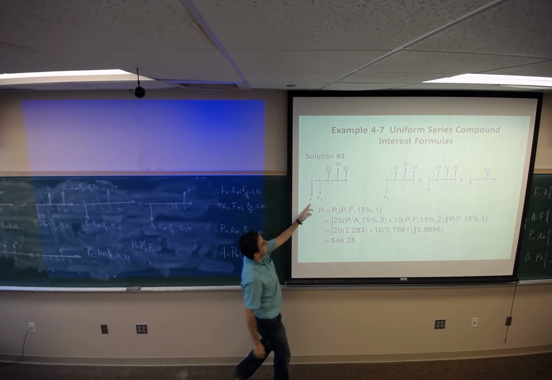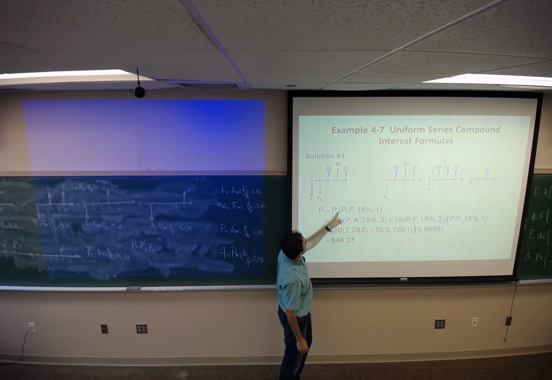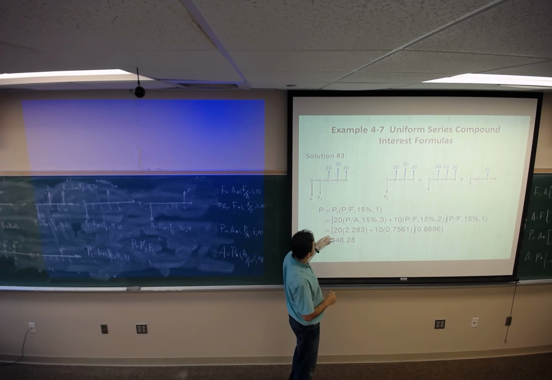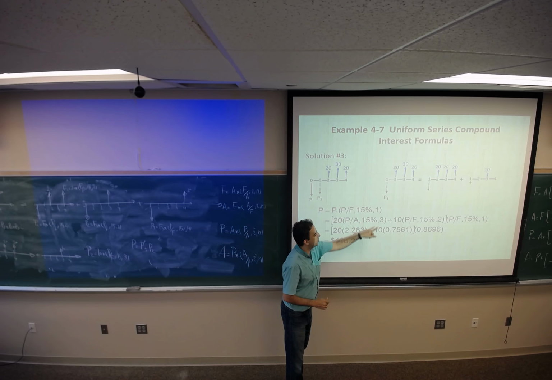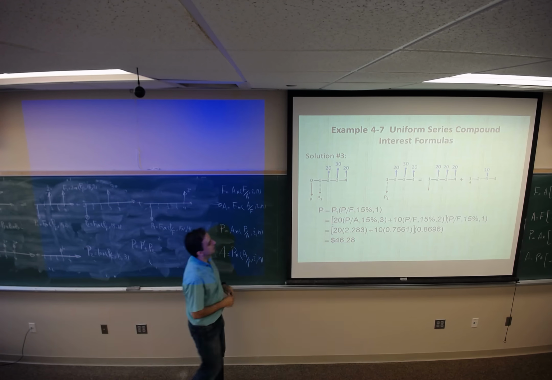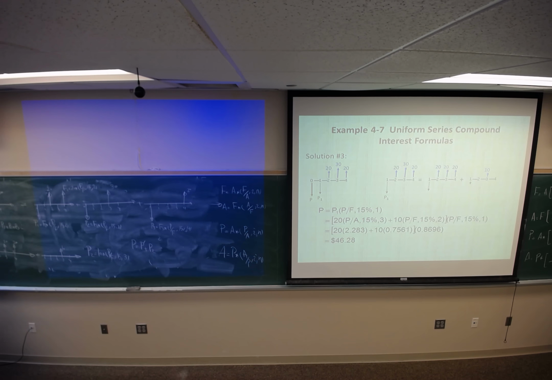So we find P1 by multiplying 20 by P over A, 15% 3 years, and then move it to the first year because it has 1 year distance from that, and then add $10 also to that to get $46.28. So I just wanted to show you by given cash flow diagram you can change it to different standard forms of the payment and work with those cash flow diagrams.